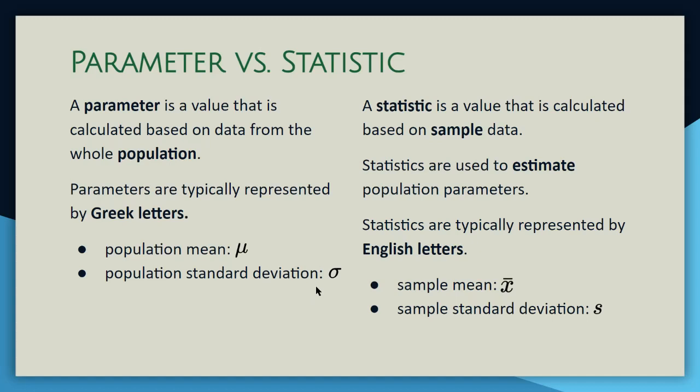When we pull data from populations and samples, we then want to summarize that data with values that describe characteristics of the group.